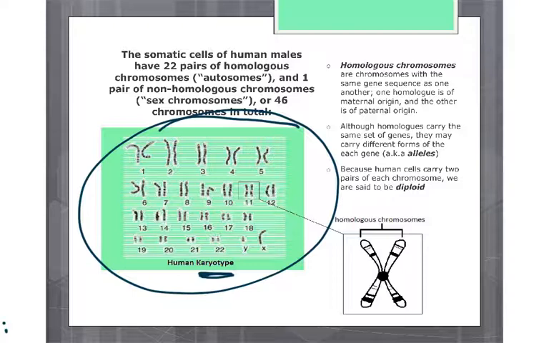A karyotype is a map of the 23 pairs, or 46 chromosomes, in a human. So when we look at this, we have them labeled pairs 1 through 22. Those are referred to as our non-sex chromosomes. X and Y here are our 23rd pair.